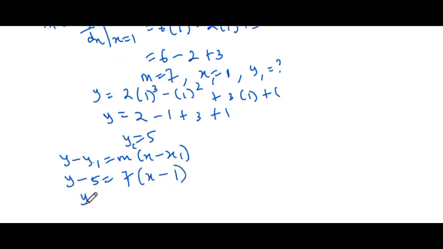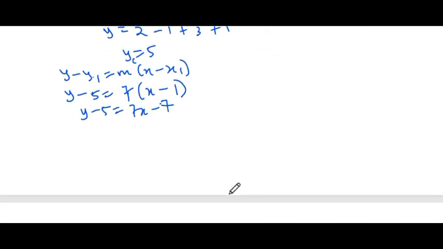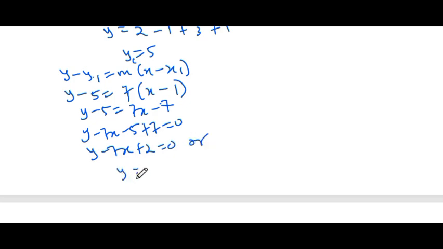So y minus 5 is equal to, when we expand this, 7x minus 7 times 1 is 7. So this becomes y, let's collect like terms now, y minus 7x minus 5 plus 7 is equal to 0. So y minus 7x plus 2 is equal to 0. Either this or you say y is equal to 7x minus 2. So it's either this or that.